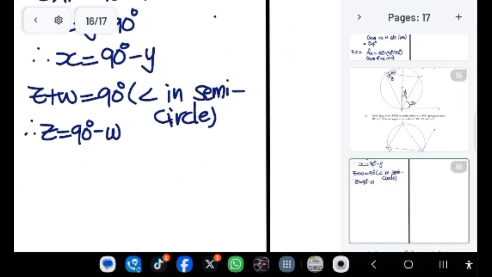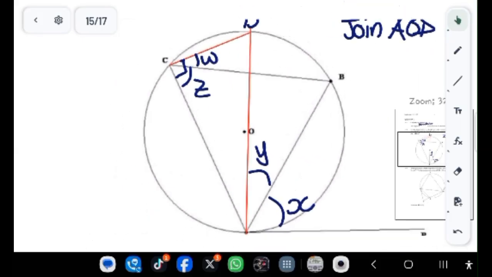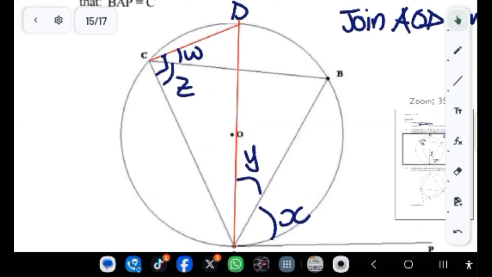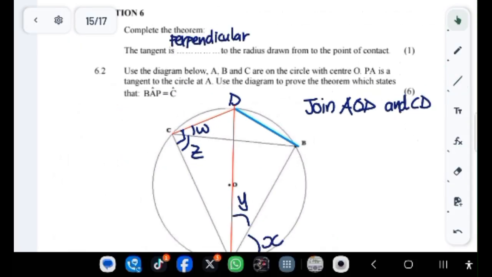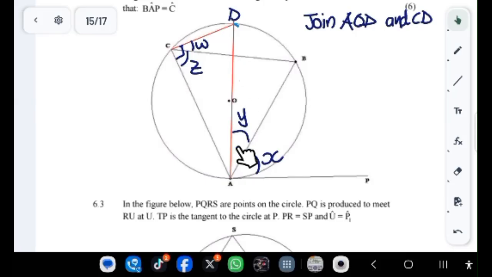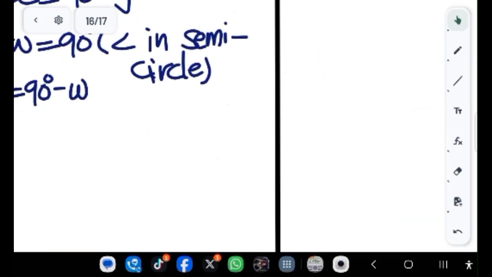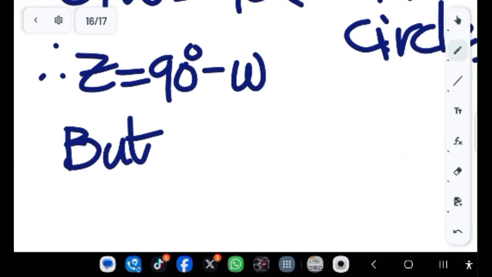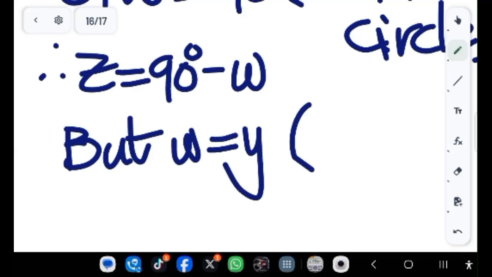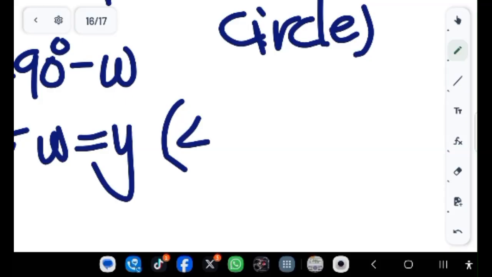But notice that W equals Y, angles in the same segment. They are subtended by the same chord, the same arc.